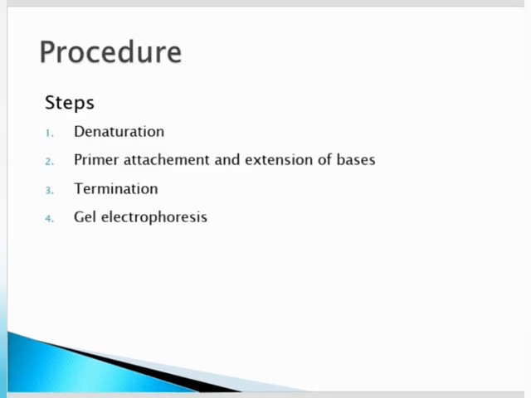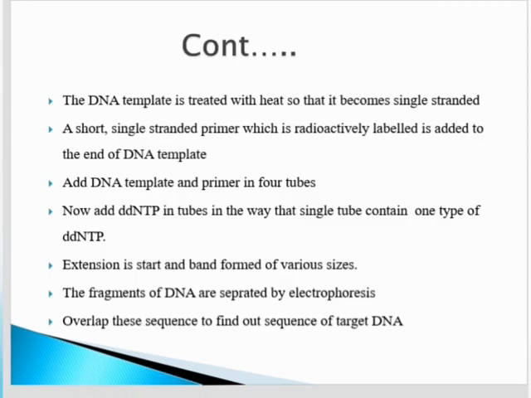In the procedure of Sanger sequencing, four different steps are involved: denaturation, primer attachment and extension of bases, termination, and gel electrophoresis. Firstly, the DNA template is treated with heat so that it becomes single-stranded.